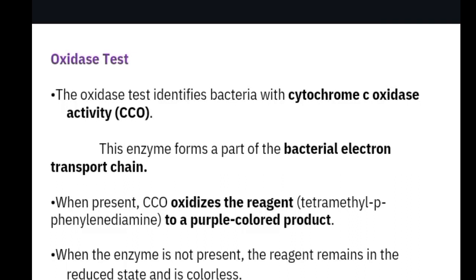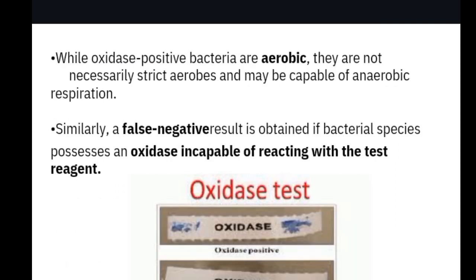When present, cytochrome C oxidase oxidizes the reagent to a purple colored product. In this way, the purple colored product shows that this is a bacterium which has cytochrome C oxidase activity. When the enzyme is not present, the reagent remains in the reduced state and is colorless.